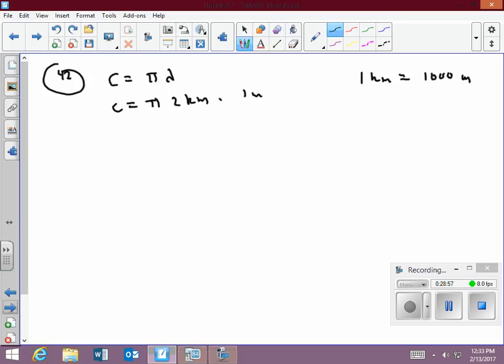So if I'm going to convert, then 1 meter equals 1 over 1,000 kilometer, right? So I'm actually going to multiply by 1,000. So it's 2,000 pi meters.